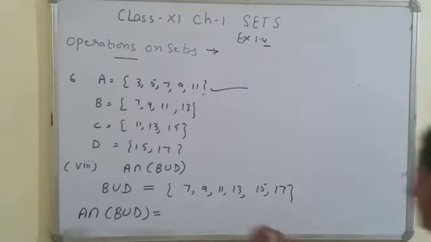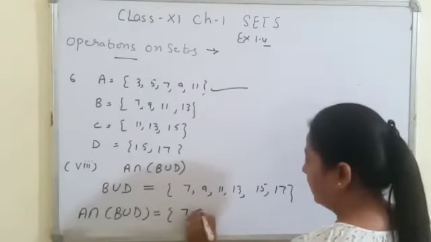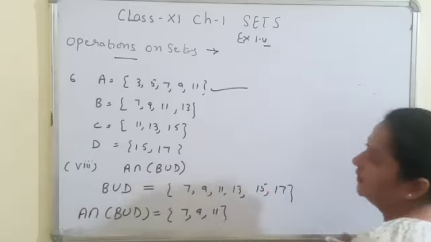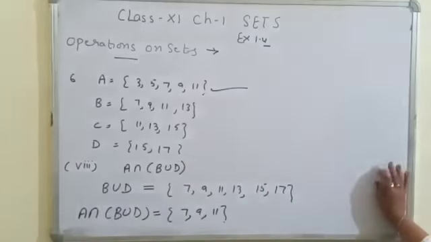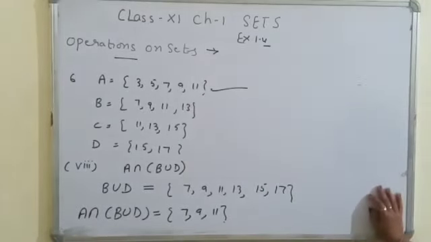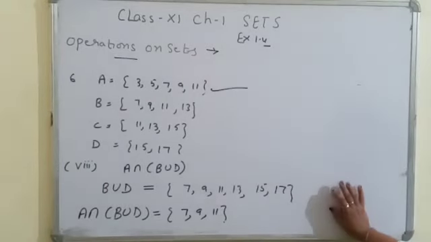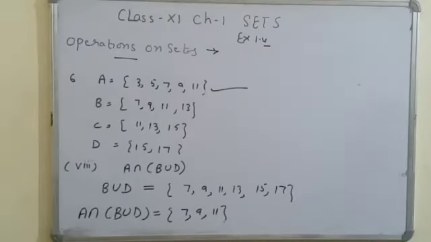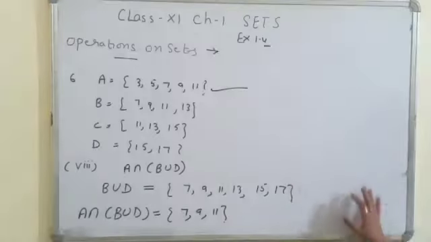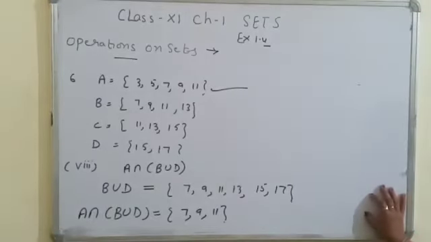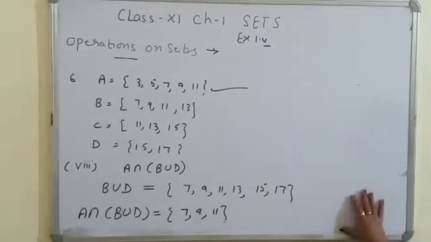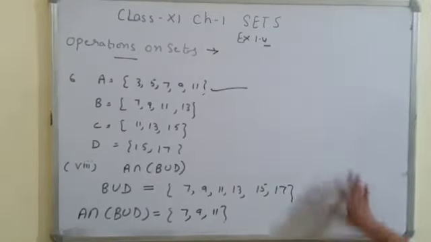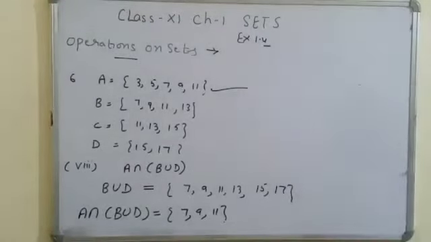So this is the result for this part. It is a similar question; the rest of the parts you can do easily. They are all simpler, based on the questions which we have already done.